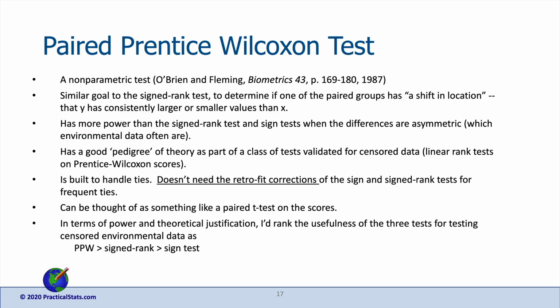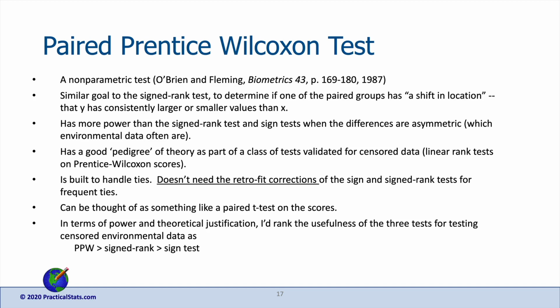The third and final non-parametric test is called the Paired Prentice-Wilcoxon test, or the PPW test. And it was developed in 1987, so much more recent than the previous two. And it has some important differences.